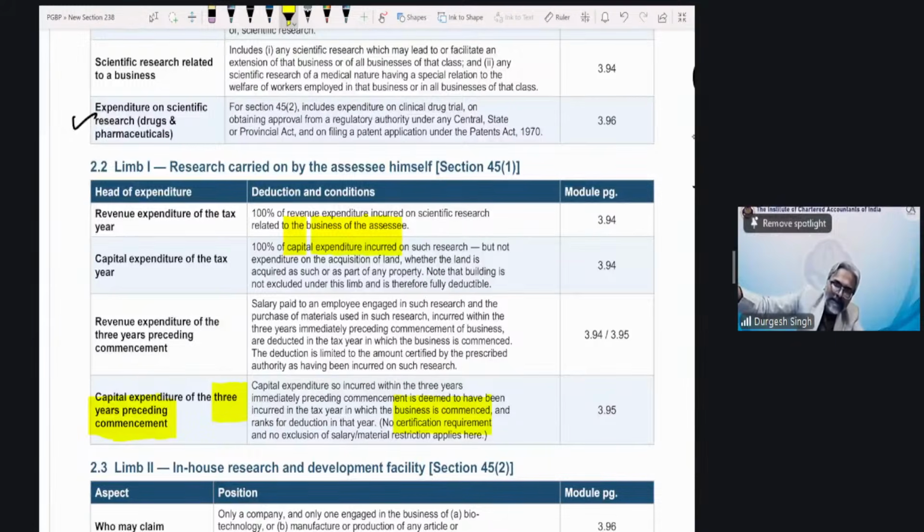Isn't it? That has nothing to do with that. But this scientific research building is getting constructed while the business is already commenced, meaning thereby I am incurring the expenditure, and as on 31st of March 2027, it is in WIP form.